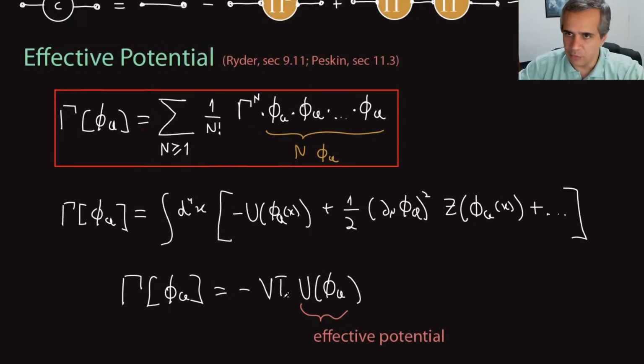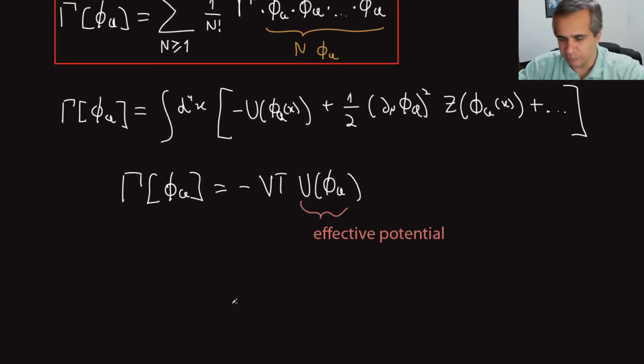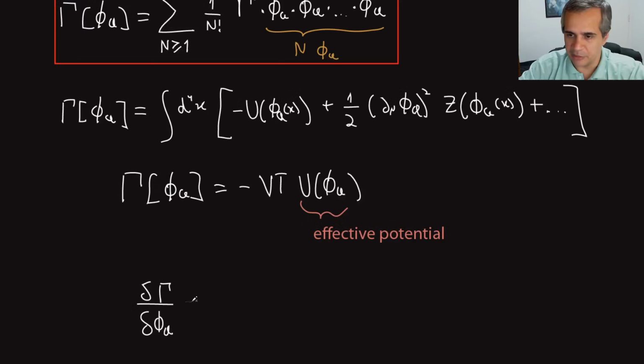In fact, if you go back to the equation for the effective action, if you remember, the variation of the effective action in relation to this guy was the source, right?